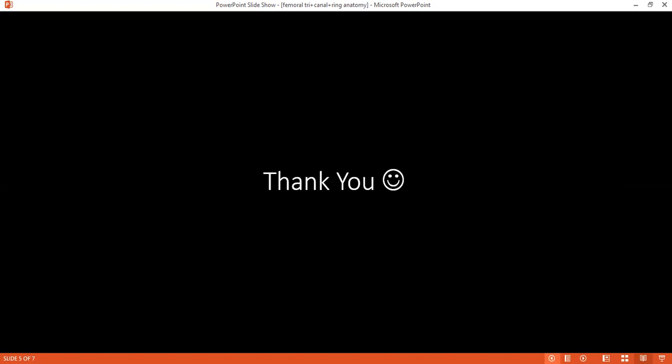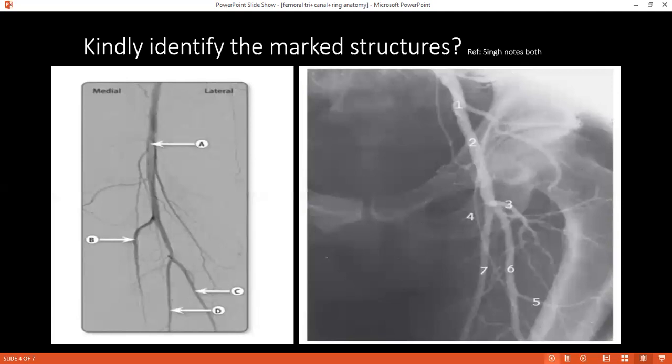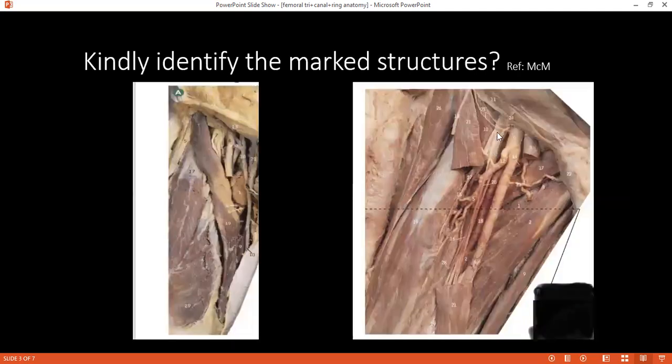Okay, good. You did tell me about the femoral nerve. If you can tell me about the root value and the course of the femoral nerve, please. The femoral nerve originates from the anterior rami of L2, L3, L4, and it passes through the psoas major, and it enters the femoral triangle under the inguinal ligament, and around 4 centimeter below the inguinal ligament it gives anterior and posterior division.